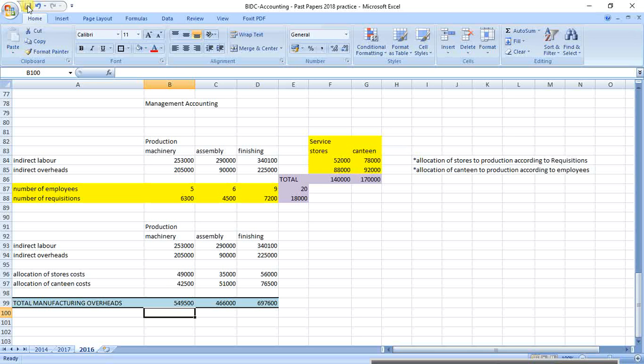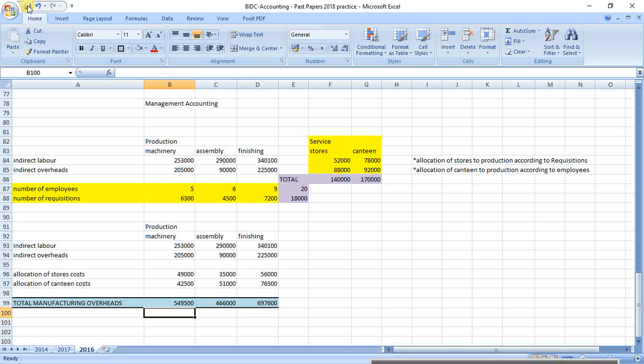Where's the definition for the absorption rates? Okay, they don't define absorption rates, but they define absorption. Let's just see if there's anything else maybe I can find. Yeah, no, they don't define it.